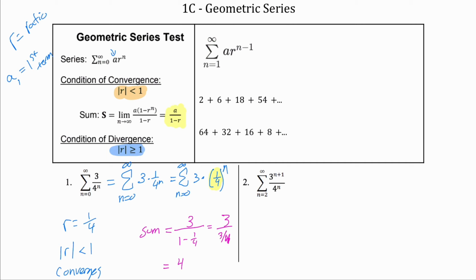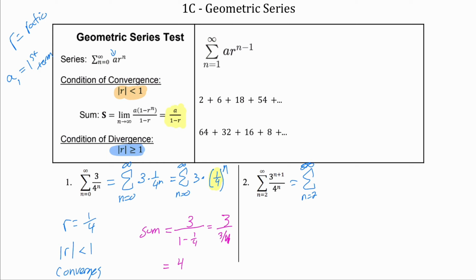All right, similar with this next problem, where we have things being raised to the nth power, but we don't see one ratio being raised to the nth power. So we want to try and rearrange this formula if we can. In our case here, we're going from 2 to infinity.